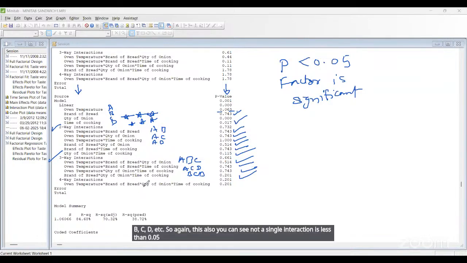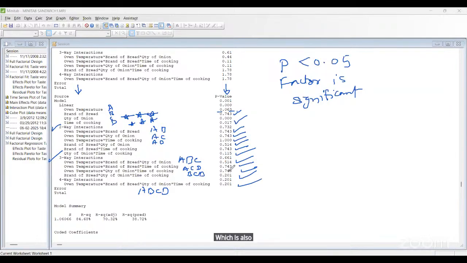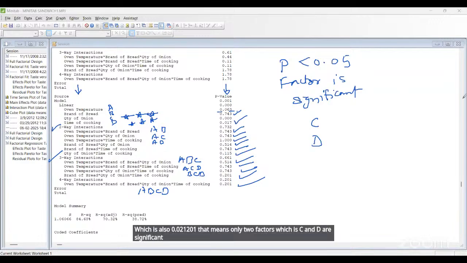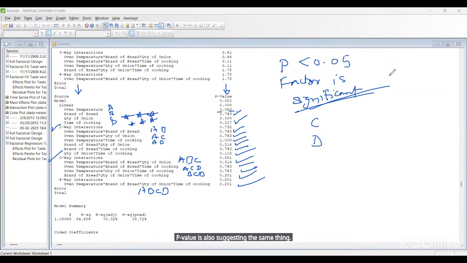And the final one is ABCD, which is 0.021. That means only two factors, C and D, are significant factors. Are you clear with this? The p-value is also suggesting the same thing. Clear? Just give me yes in the chat box.